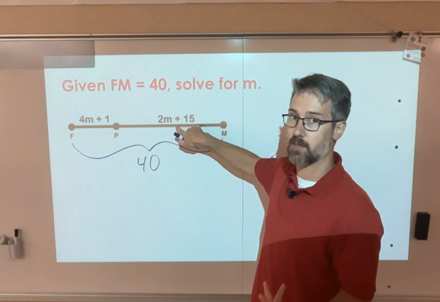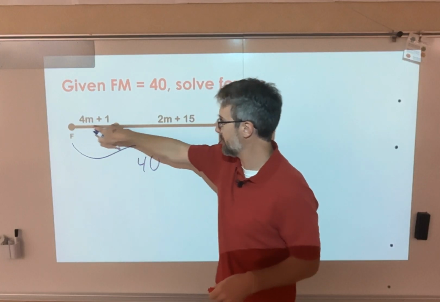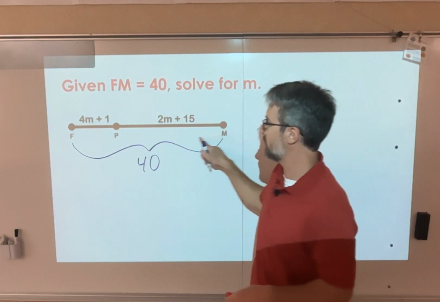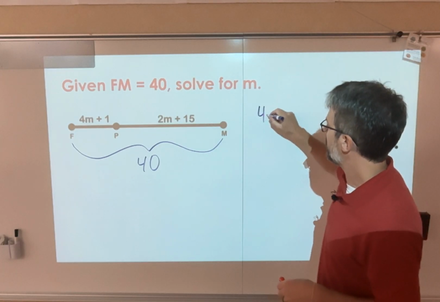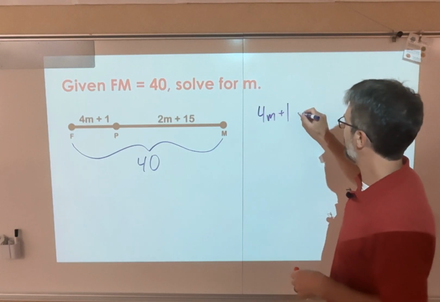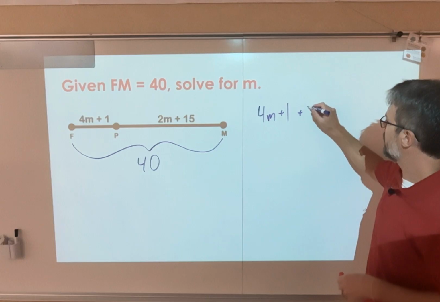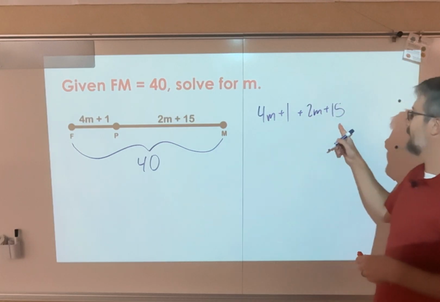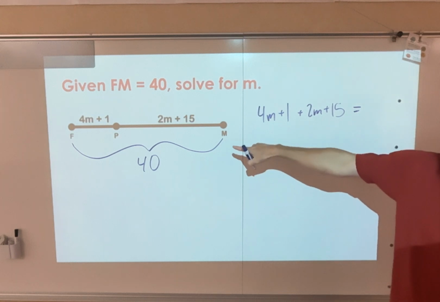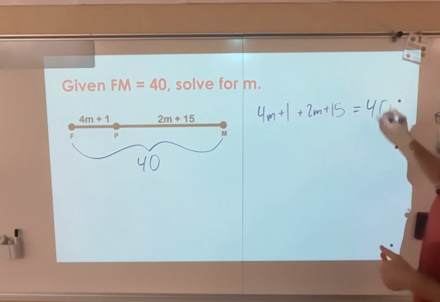Segment addition postulate: this segment plus this segment equals the entire thing. That's exactly what I'm going to do. The first part is 4m plus 1. The second part is 2m plus 15. If I add those two together, that will equal the total, which I know is equal to 40.